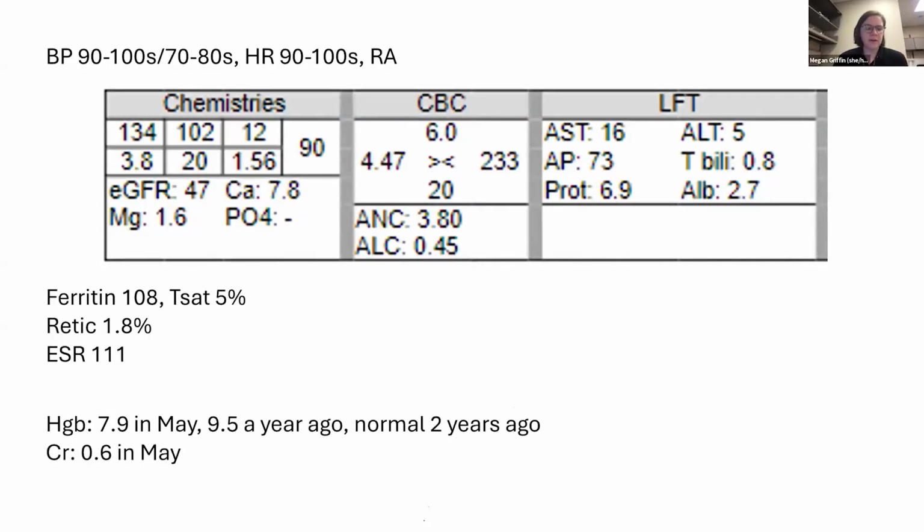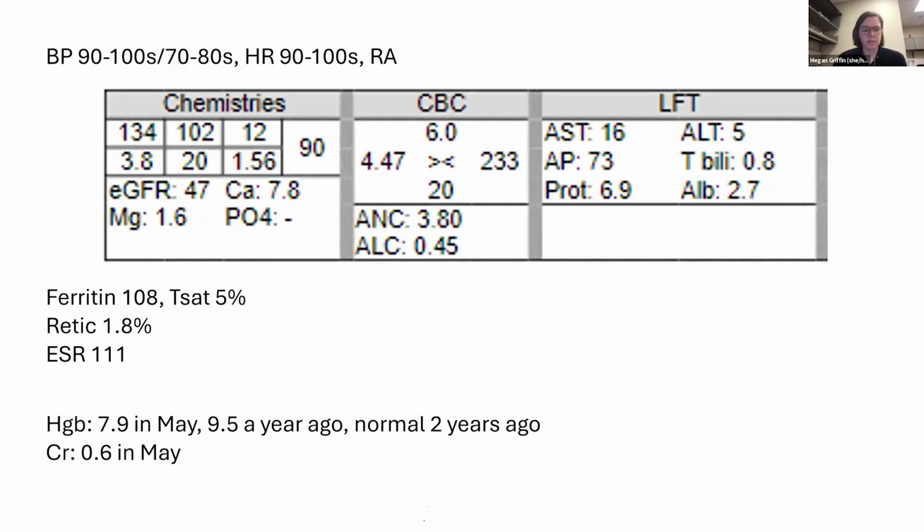Her initial vitals: her blood pressure was 90s to 100s over 70s to 80s. She wasn't tachycardic. She was on room air. Her labs were notable for a creatinine of 1.6 with a BUN of 12. She also had a hemoglobin of 6, which is why her PCP had her come to the emergency department. The ferritin and the TSAT were obtained at her PCP office before she got blood transfusions, TSAT of 5% and a ferritin of 108.